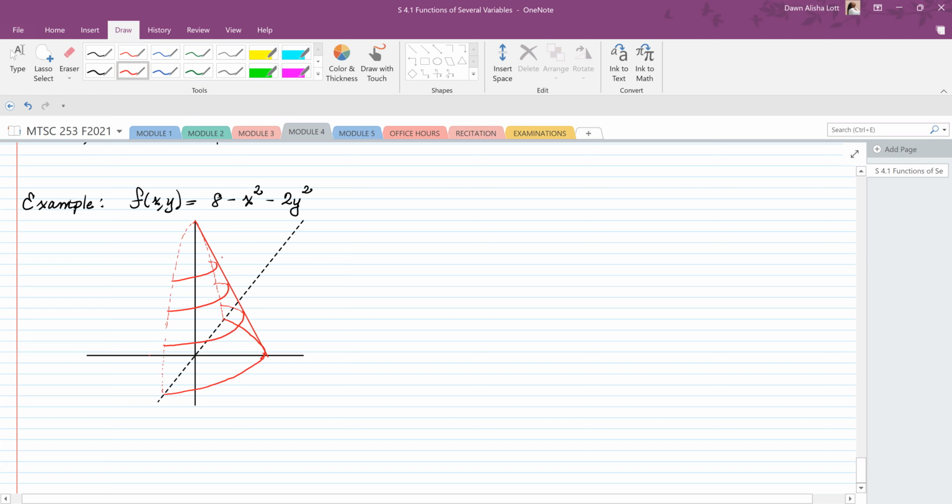Okay, that's actually pretty darn good, I think. Okay, so this is f of x, y equals 8 minus x squared minus 2y squared. So this is 8 up here. Okay.